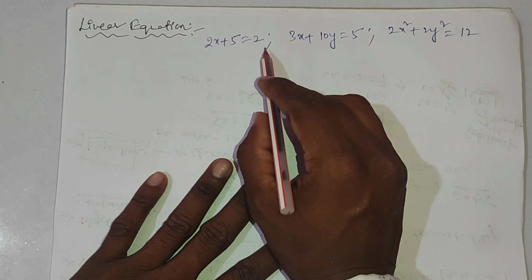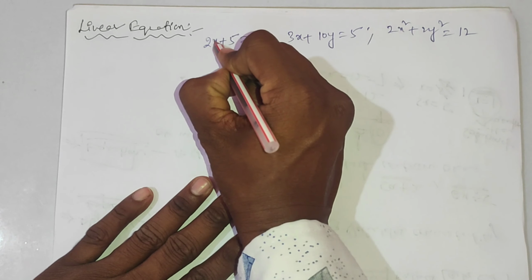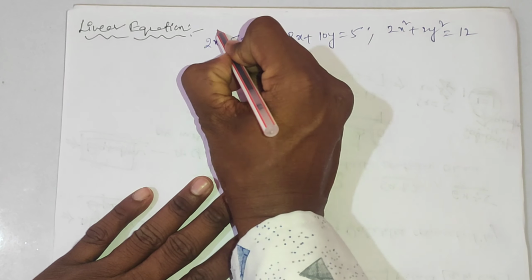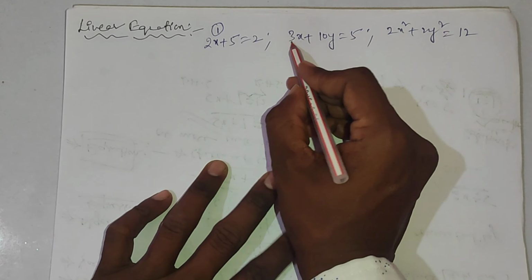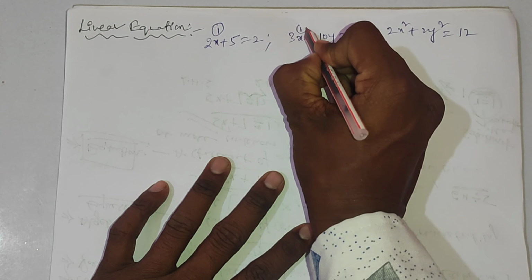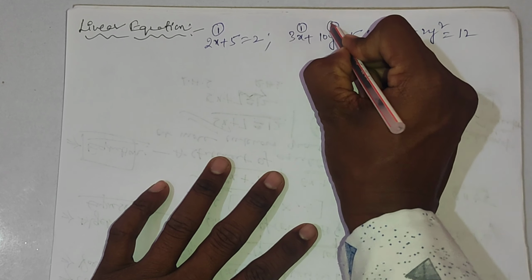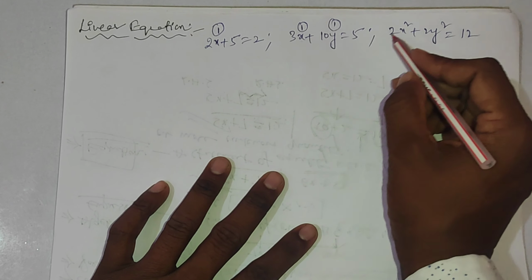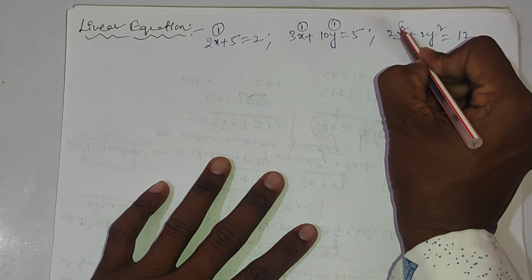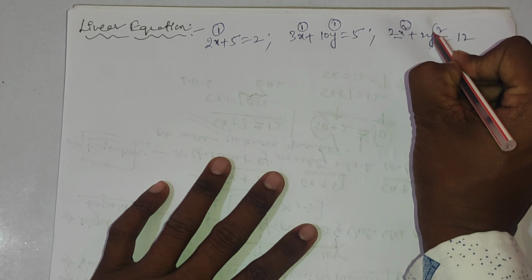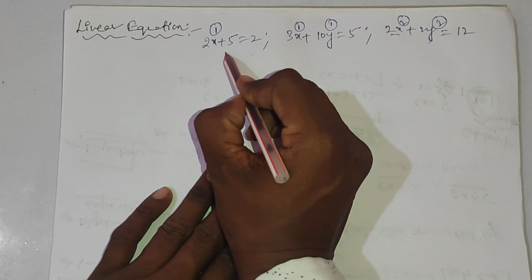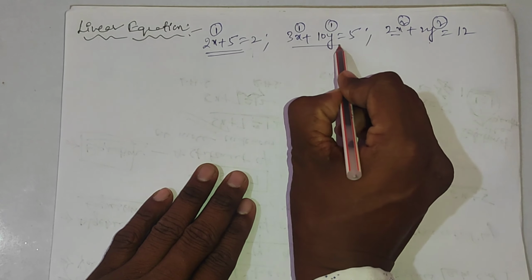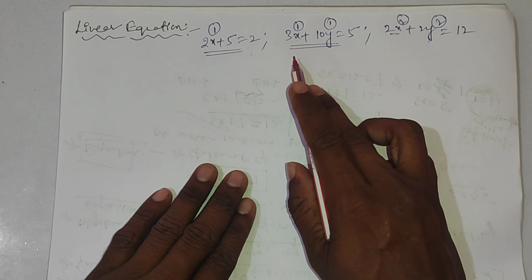If you observe, what is the degree of the first one? Only x is there, so the degree is 1. Coming to the second, the degree is what? 1. Next, coming to the third, the degree is 2, and here also the degree is 2. Clearly, we can say the first one and second one have degree 1.